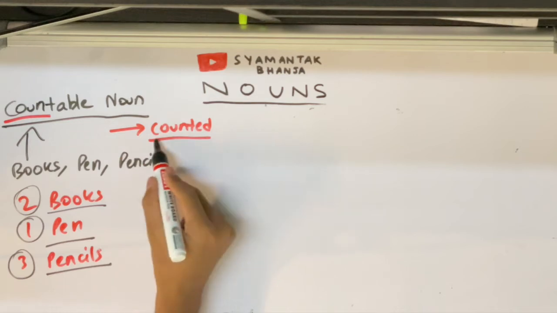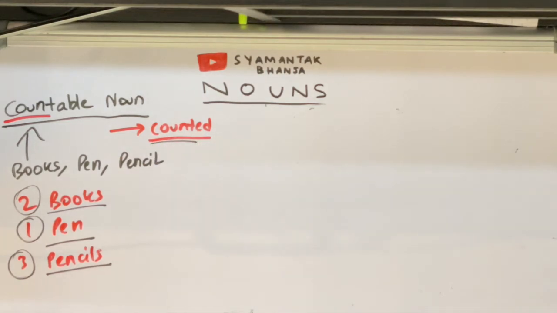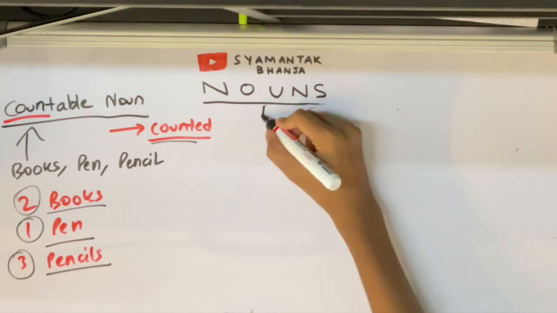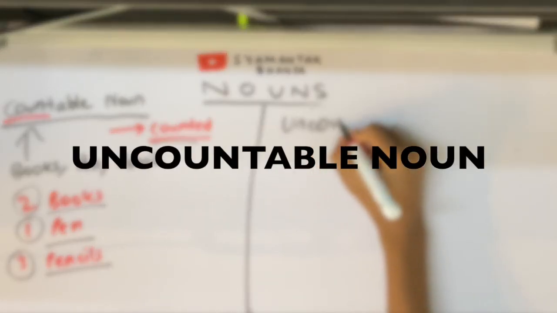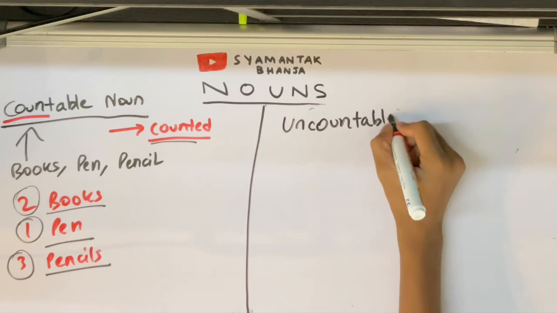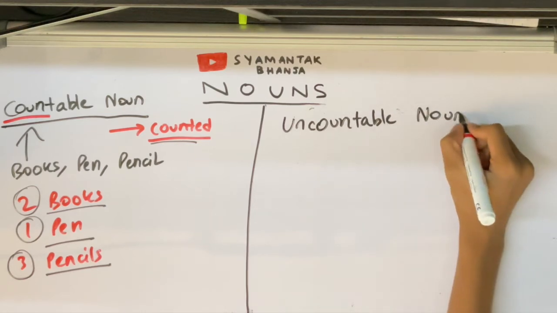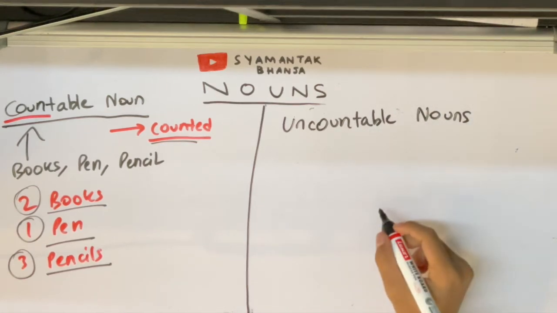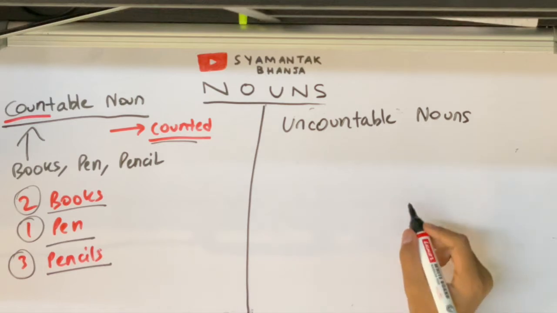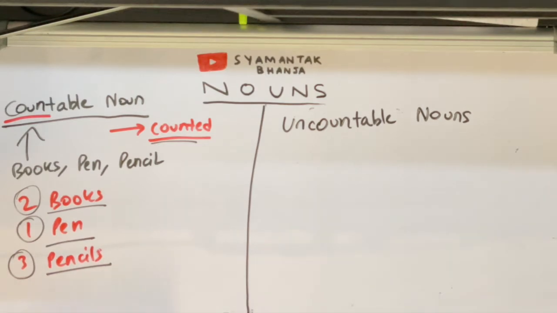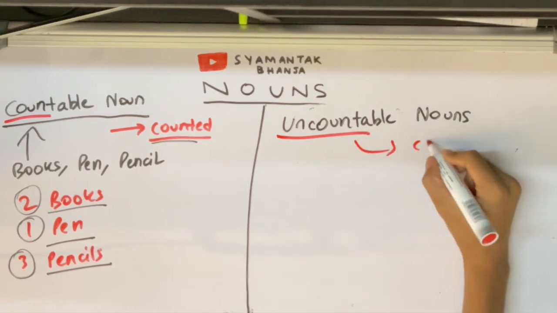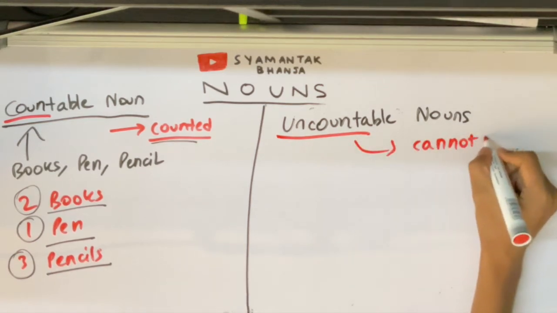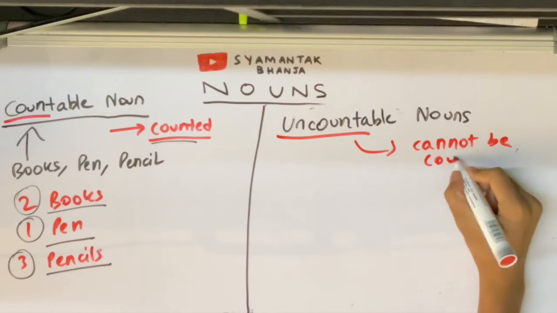So it's being counted. Now you have the exact opposite of this, and that is uncountable nouns. And what are the uncountable nouns? Again, it's in the word itself, cannot be counted.